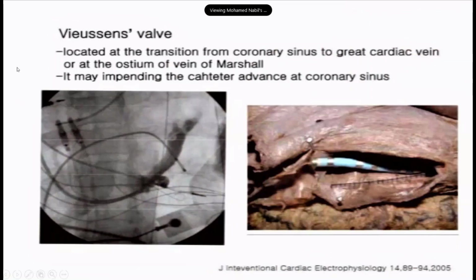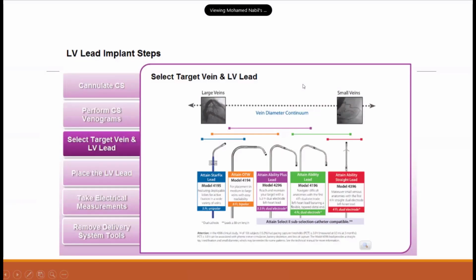Another valve is the Vieussens valve, located at the transition from the coronary sinus to the great cardiac vein. It might impede catheter advancement at the coronary sinus. We had difficulty cannulating the lateral vein, so we picked a sub-selector.